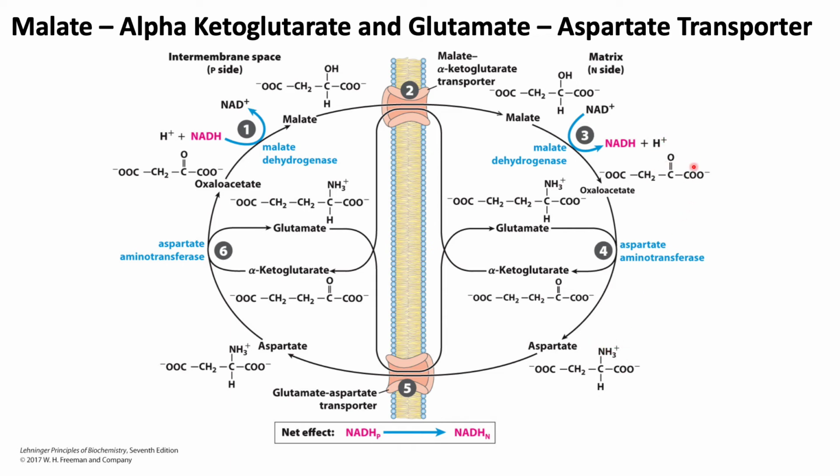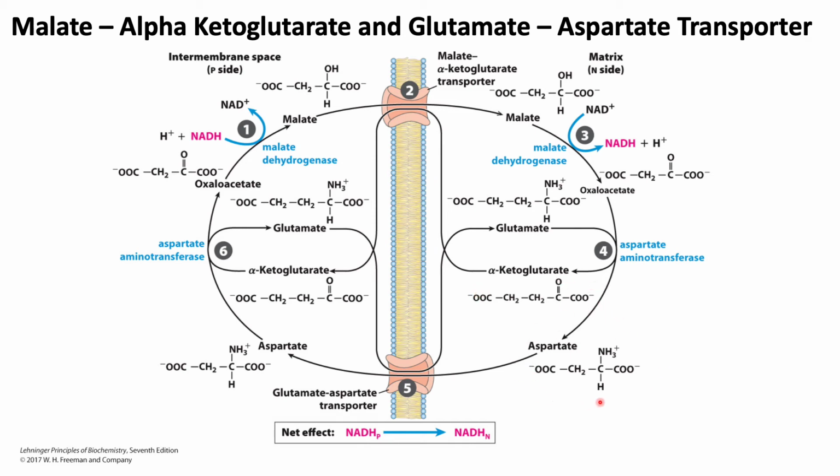And that double bonded oxygen on oxaloacetate is transferred onto glutamate. That forms alpha-ketoglutarate. So what happened is that we had a transfer of two functional groups. The amino group was transferred to oxaloacetate, and the double bonded oxygen was transferred onto glutamate. So now we have alpha-ketoglutarate and we have aspartate.